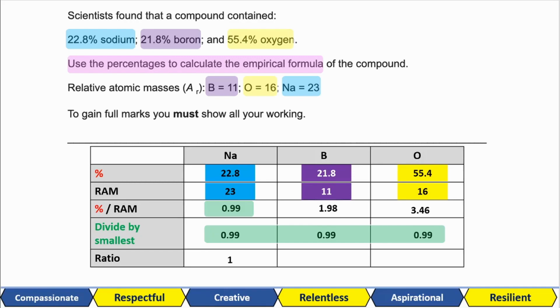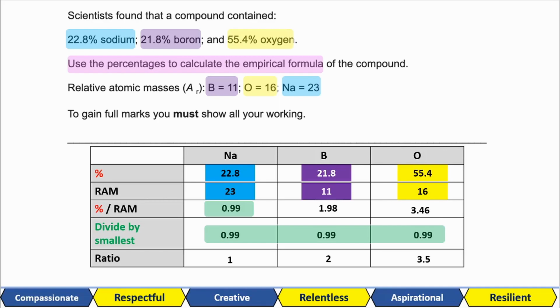Boron, 1.98 divided by 0.99 gives us 2. And for oxygen, 3.46 divided by 0.99 gives us 3.49. The oxygen is only 0.01 away from being 3.5, so we can change that to 3.5. It is important not to round all the way up to 4 here.